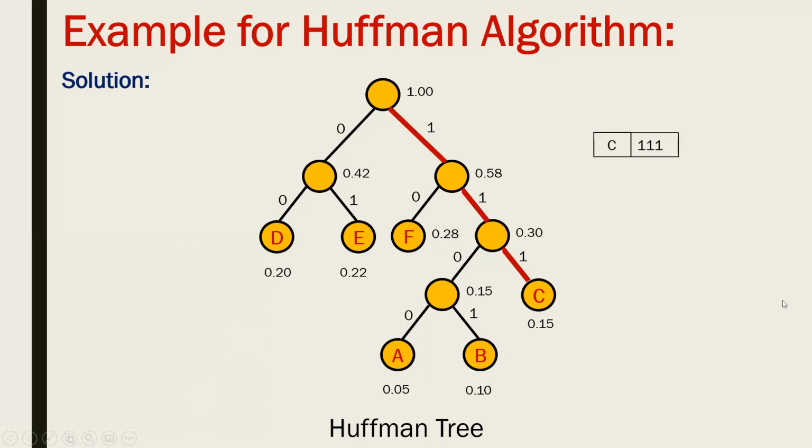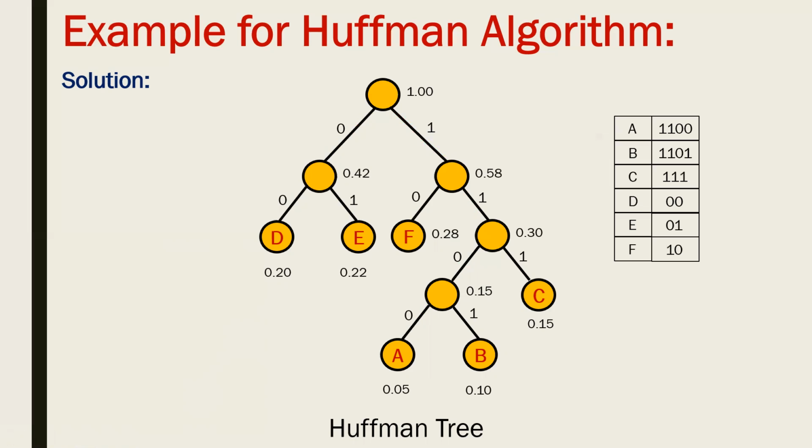So this is the path and we get the code for C. Next we find the code for D, which will be 0, 0. For E, we get the code 0, 1. For F, we follow this path 1 and 0 and the code is 1, 0. So we can give a list of codes from A to F as 1100, 1101, 111, 00, 01 and 10.